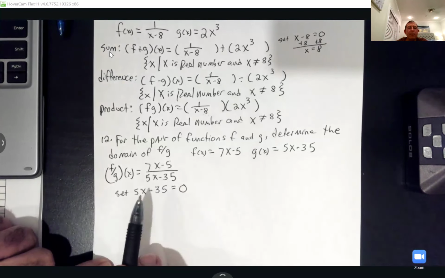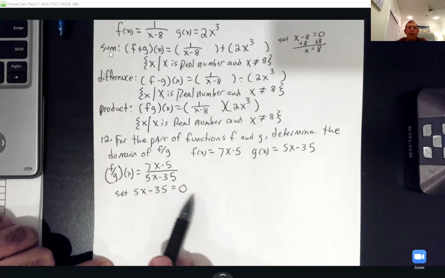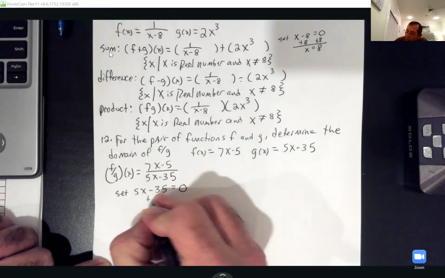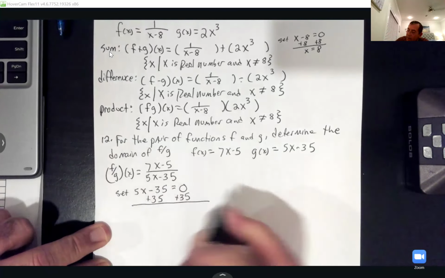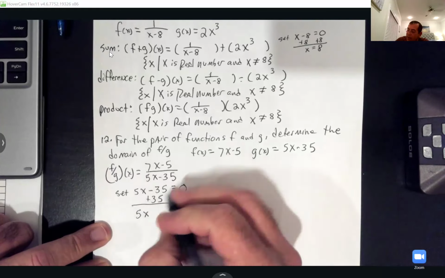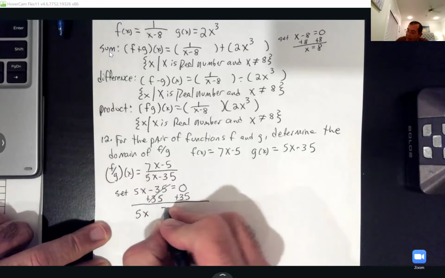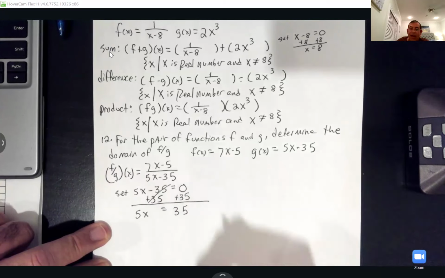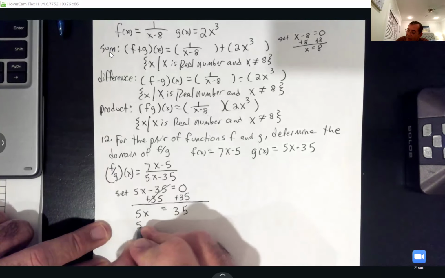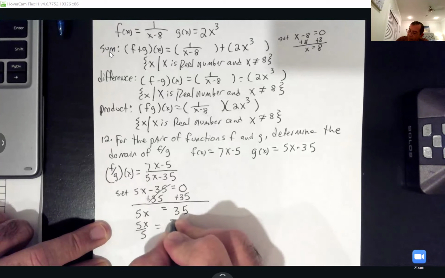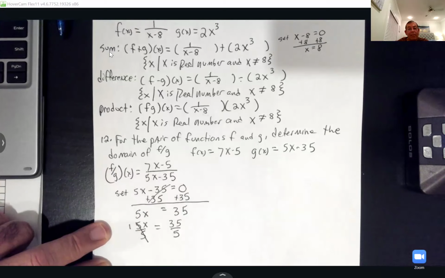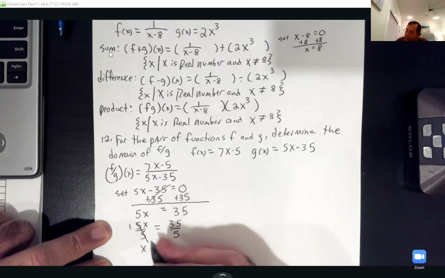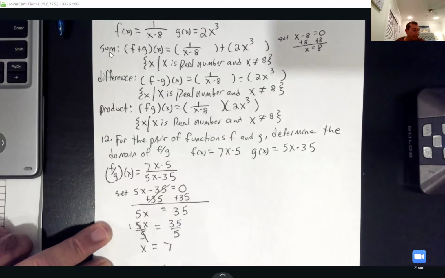So let's see, solving that for the x, we're going to add that 35 to move in. So this 5x, that stuff cancels on the left side. Right side, I get 35. And then I'm going to divide by 5. So look here, 5 divided by 5 gives me 1x like I wanted. And then 35 divided by 5 gives me a 7.